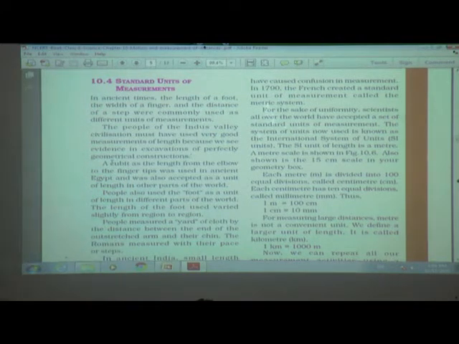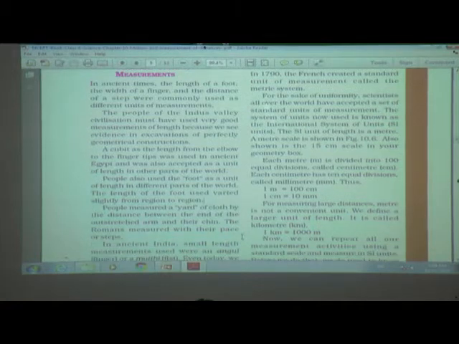Now see here, people also use the foot as a unit of length in different parts of the world. The length of the foot used varied slightly from region to region, isn't it? It is different. Now people measured a yard of cloth by the distance between the end of the outstretched arm and their chin.